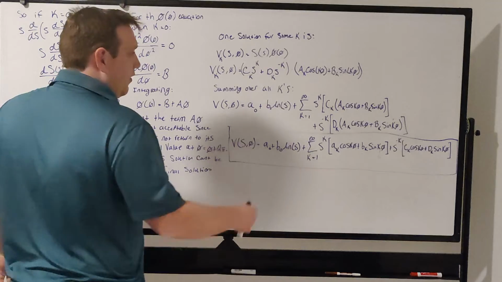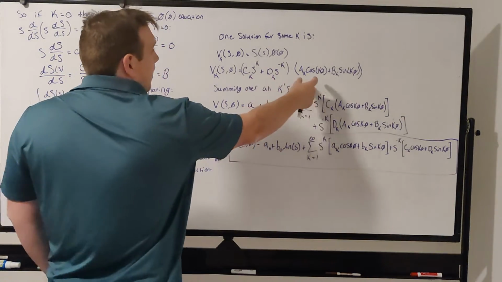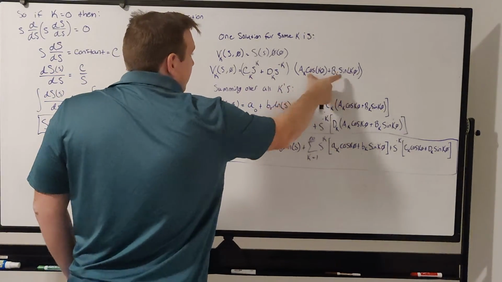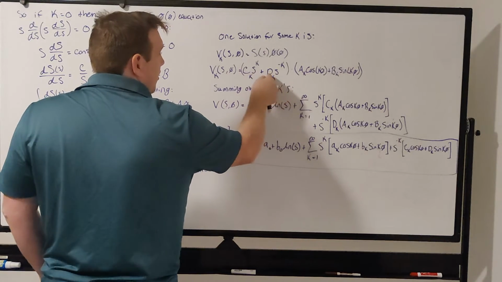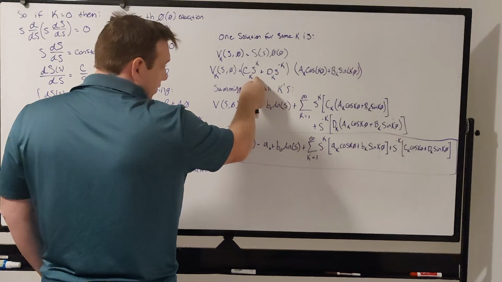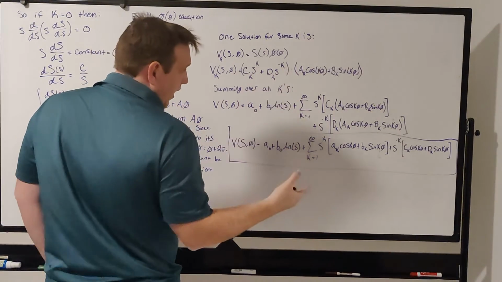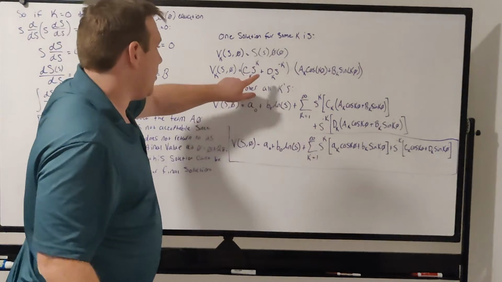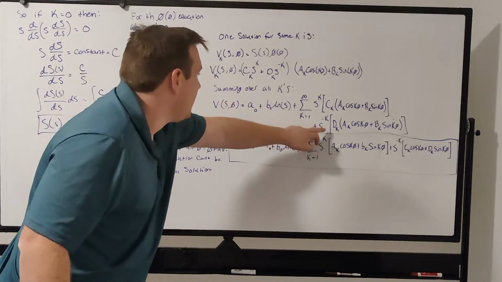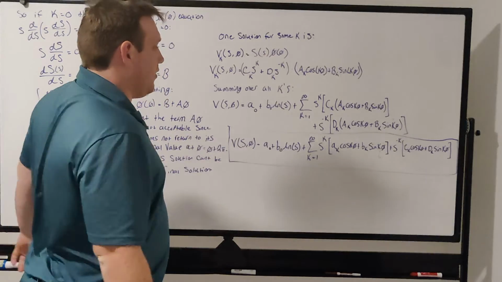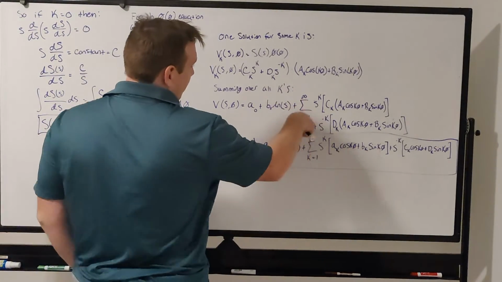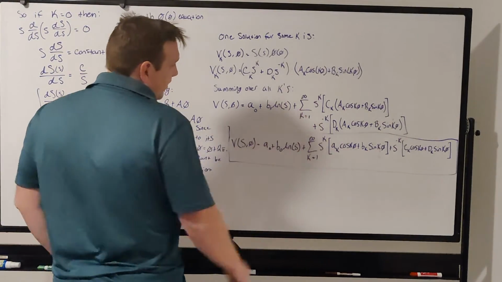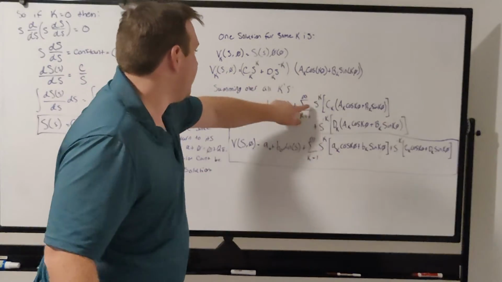So what I do here is I distribute this across both terms here, and that's really it. Then I just pull out the s to the k and s to the minus k here. Just to make it clear, we sum up over all k's from 1 to infinity, and then we have s to the kth power.